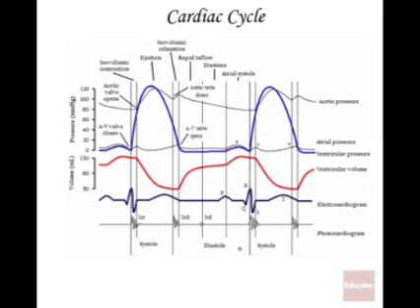Here's a depiction of the cardiac cycle in terms of pressure in the aorta, pressure in the ventricles, how much blood is in the ventricles. And then this is showing you an ECG, electrocardiogram, and then a phonocardiogram in terms of the sounds coming out of the heart. So aortic pressure related to ventricular pressure. Let's look at this.